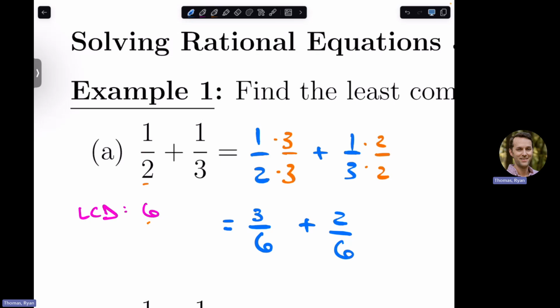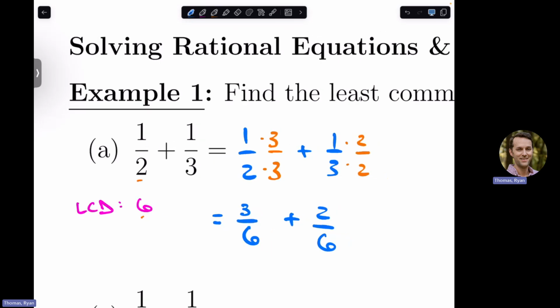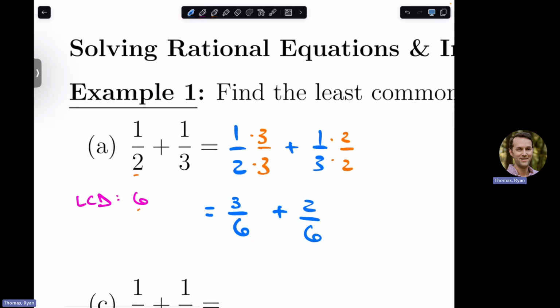Basically, what we've done is make some additional cuts here, right? So that we're talking about the same kind of thing. Now I've got 3 of those, right? 3 slices of cutting it into 6 pieces, and 2 more. So how do we actually add them? You just add straight across the top, yeah.